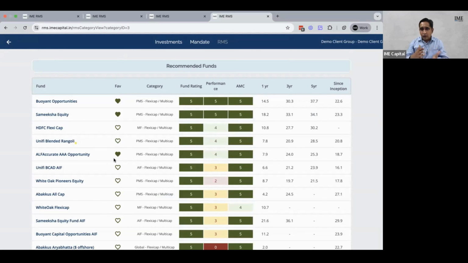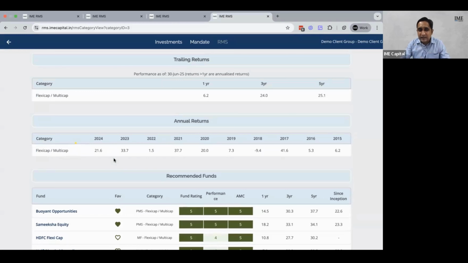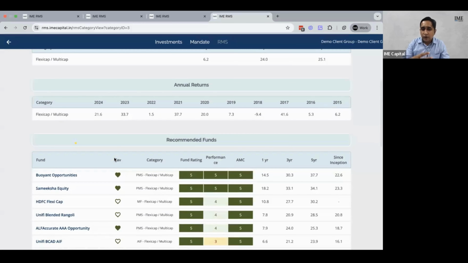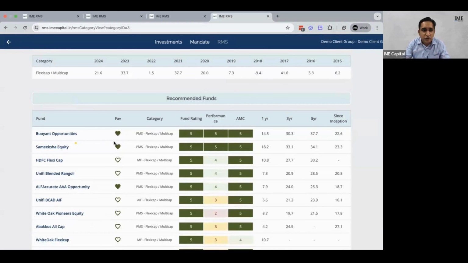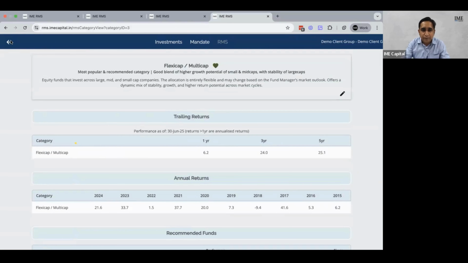And this is where the private banker is sitting with the investor. You've shortlisted FlexiCap, but within FlexiCap, what are the funds? We've chosen PMSs and mutual funds as an option. Based on various discussions, we may narrow down to, okay, fine, let's do these two funds from a FlexiCap.